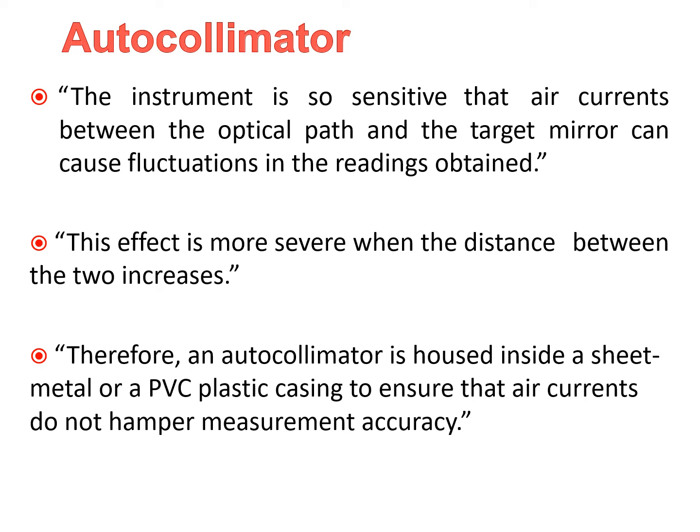So we always keep this autocollimator in a closed container in an air-conditioned cabin. This effect is more severe when the distance between the two lenses is increased. That's why it is housed in a sheet metal or PVC plastic casing to ensure that air currents do not hamper the measuring accuracy.